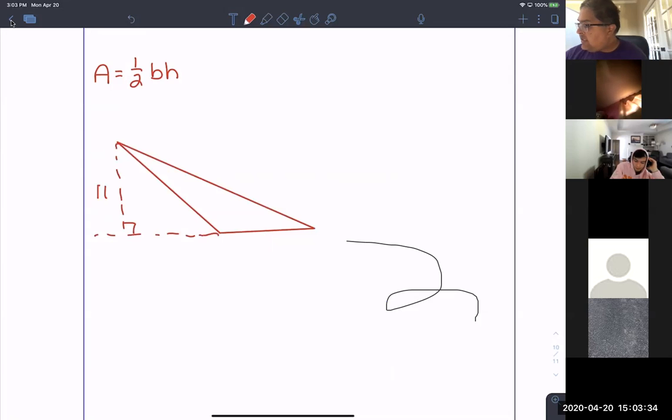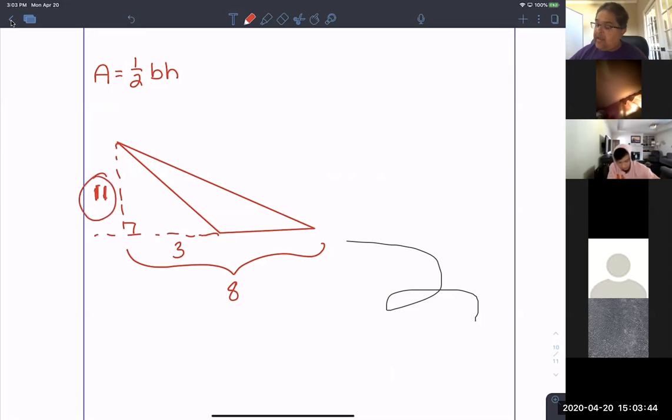Now, another thing with these types of triangles, okay? The height is 11. It's a line that's perpendicular, okay? And the base is not 8. The base is only the part of the triangle that the height is perpendicular to. So the base would be 5, okay?